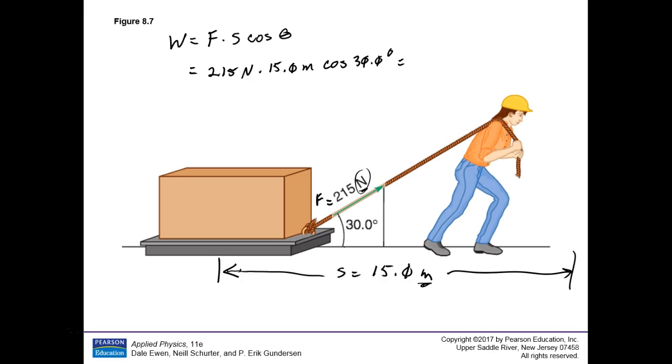Depending on the type of calculator you have and whether it's your phone or not, some calculators, when you press the cosine key, you'll see COS and a parenthesis opens up. If it does, then you type in 30 after that, if you're in degree mode.